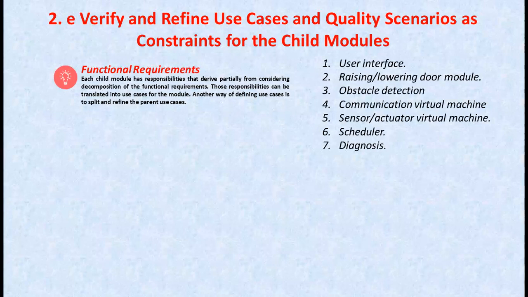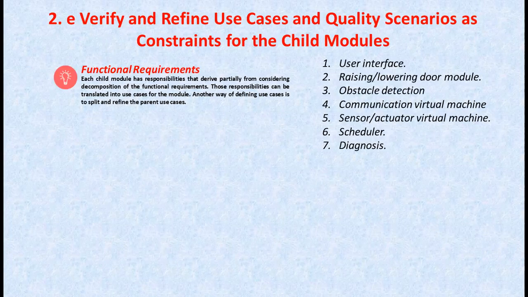One is the user interface, which recognizes the user's request and translates it into the form expected by the raising or lowering door module. The second one is the raising or lowering door module, which controls the actuator to raise or lower the door.